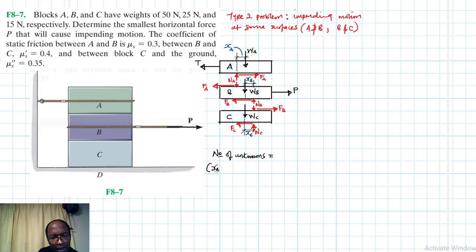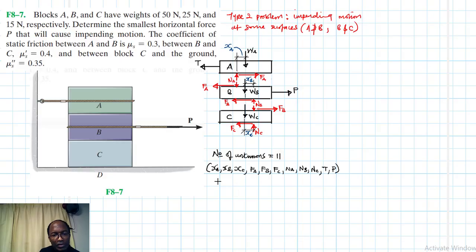We have XA, we have XB, we have XC, we have FA, we have FB, we have FC, we have NA, we have NB, we have NC, and then we have T, and then we have P. 1, 2, 3, 4, 5, 6, 7, 8, 9, 10, 11. So we have 11.